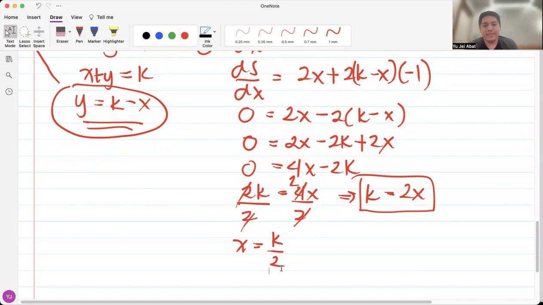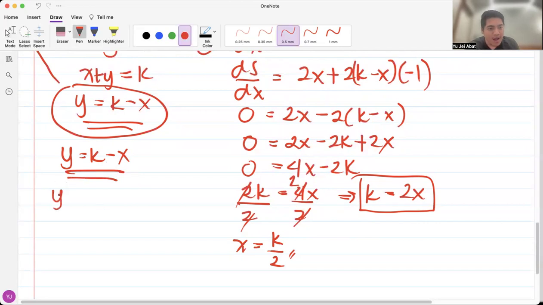Now, we need to eliminate k, because that's only the sum of the two numbers, x plus y. Recall that y equals k minus x. Substituting k, which is 2x, we get y equals 2x minus x, which is x.